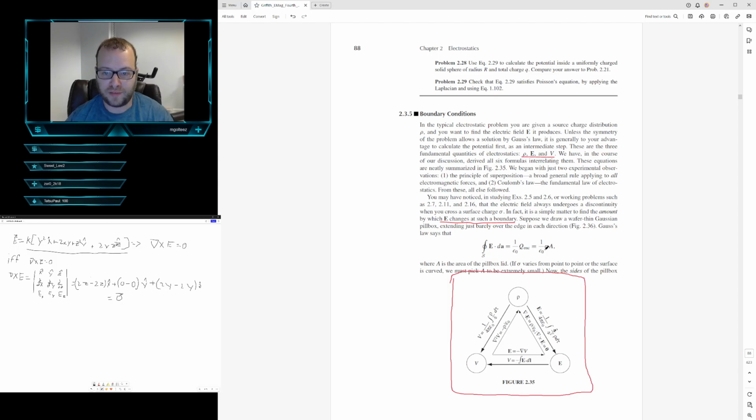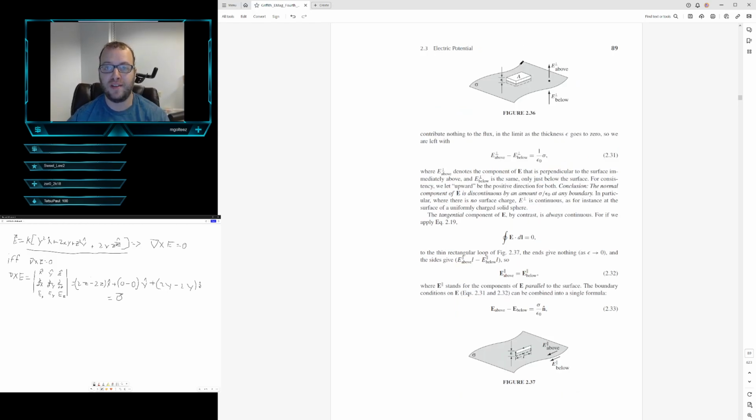So if it has some surface charge sigma, then the surface integral is equal to the enclosed charge over epsilon naught, which is just the charge density per unit area times the area. And we pick A such that this is completely flat within that region. If you have some curvature, pick a smaller A.